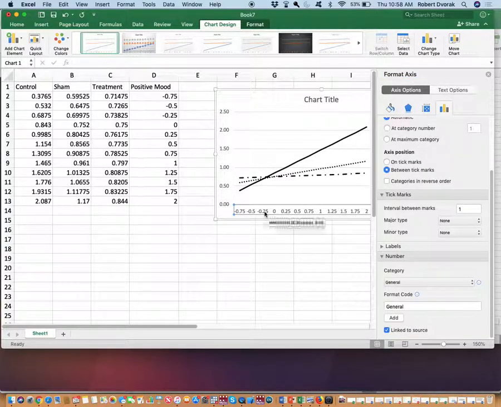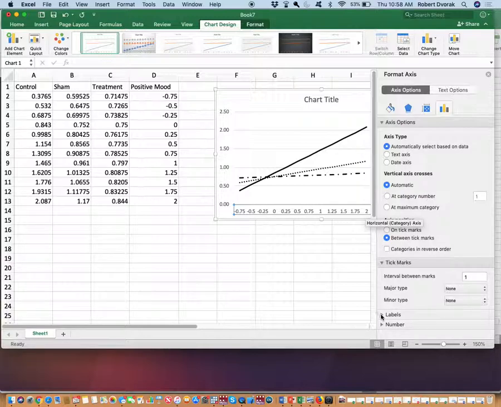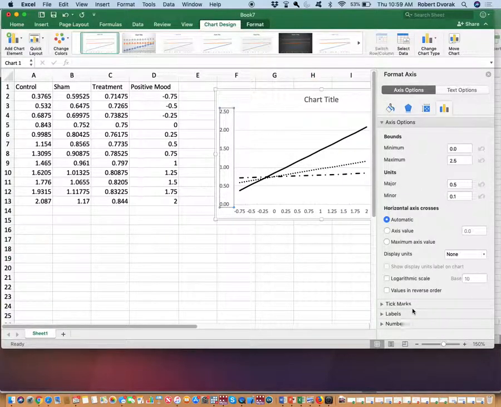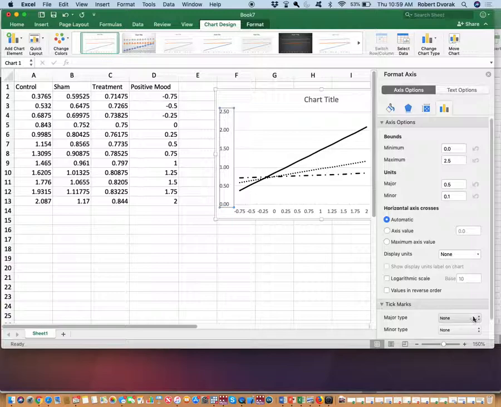And this is already in 2 decimal places, so it's fine. Although I might put some tick marks here. Something like that. Same with this one, I might add some tick marks.